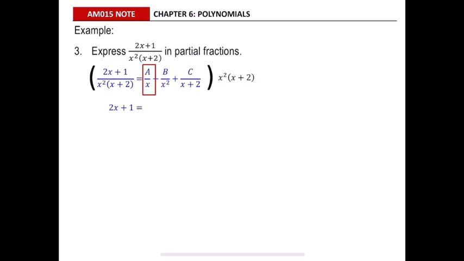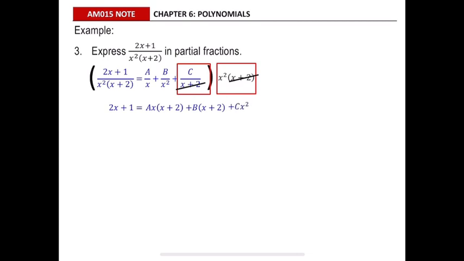Then multiply this fraction, we'll cancel the x and leave A multiplied by (x + 2). Then multiply this fraction, we'll cancel the x squared and leave B multiplied by (x + 2). And the last one, we'll cancel the (x + 2) and leave C multiplied by x squared.